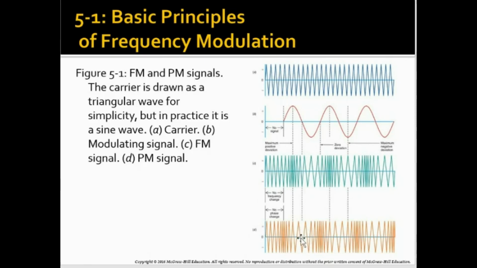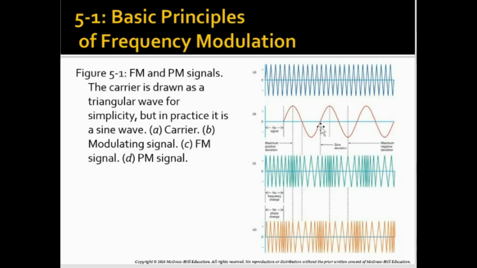So in this example, when the amplitude is increasing towards the peak, your carrier becomes more dense, meaning it looks like a higher frequency. When it is going towards the negative side of your modulating signal, your carrier reduces in frequency.